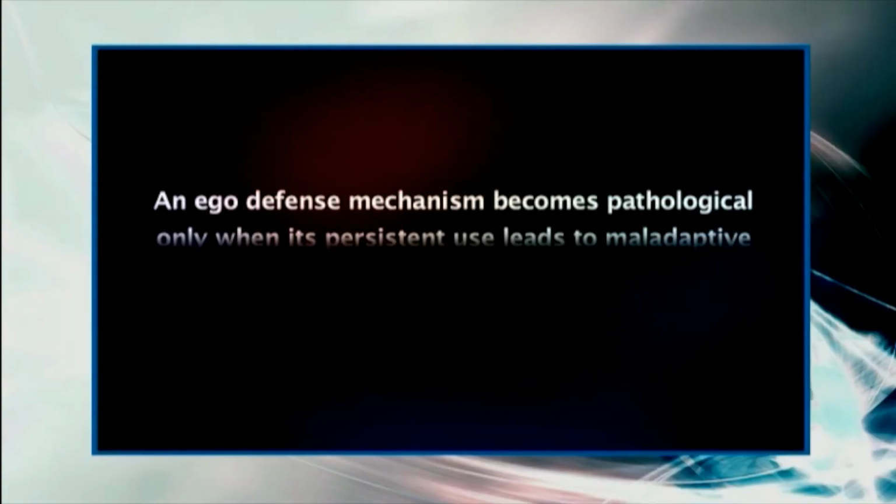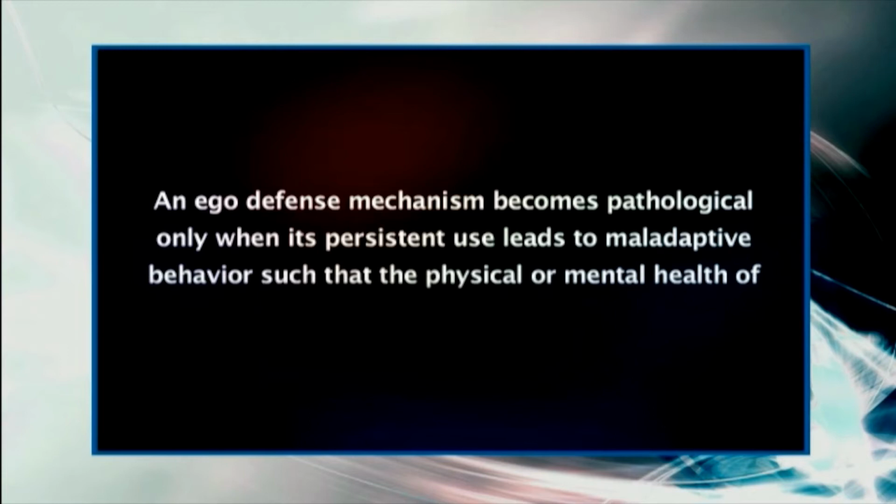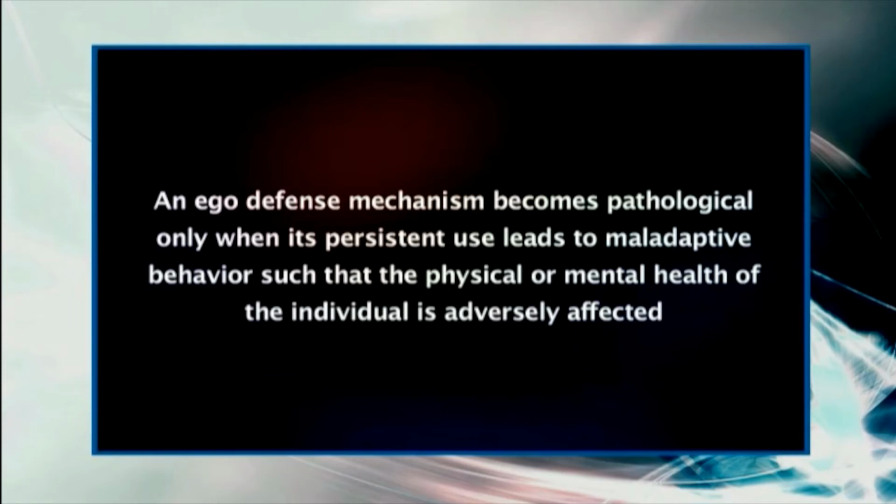Escapist mental mechanism only serves to hinder the adjustment sought to be established through them. An ego defense mechanism becomes pathological only when its persistent use leads to maladaptive behavior, such that the physical or mental health of the individual is adversely affected.